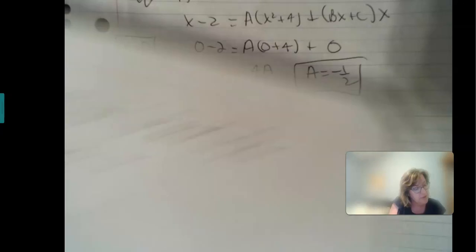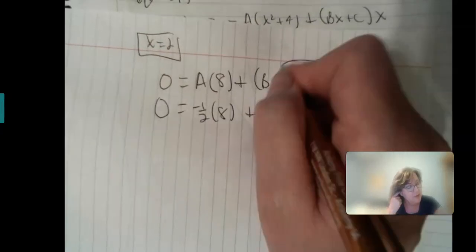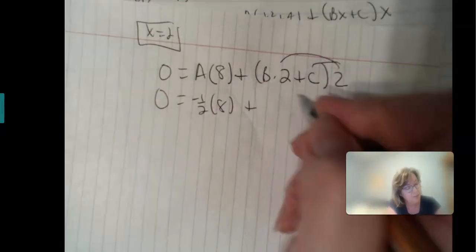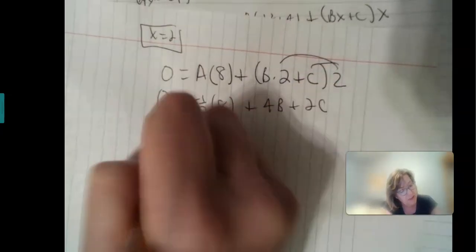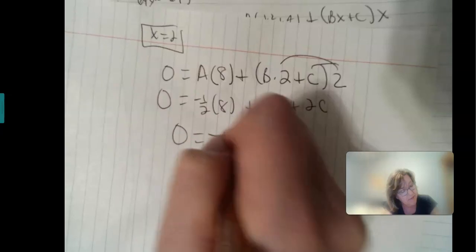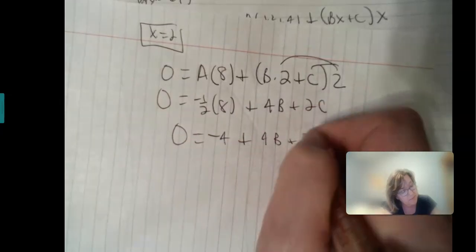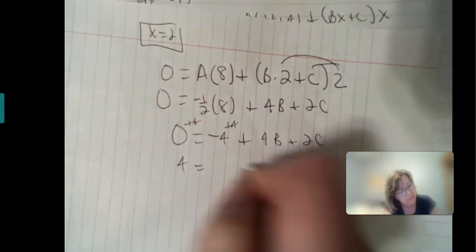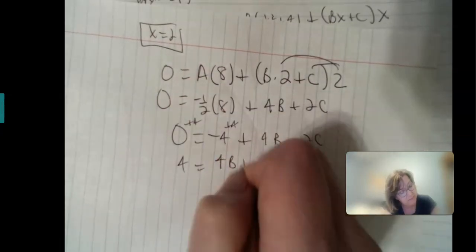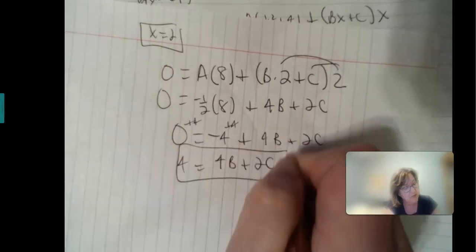We don't know anything else, correct? And then distribute, so you have to be careful with the distributive property. 4b plus 2c, that's going to be a negative 4. Add 4 to both sides, and then I get another equation.